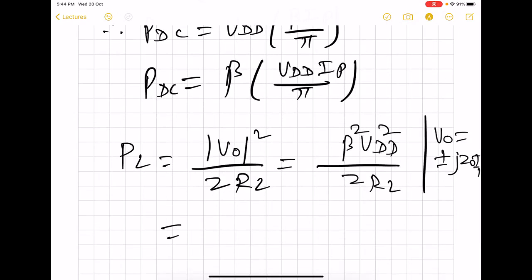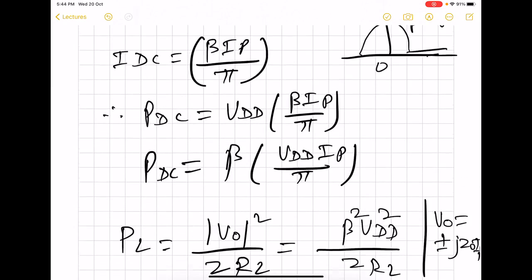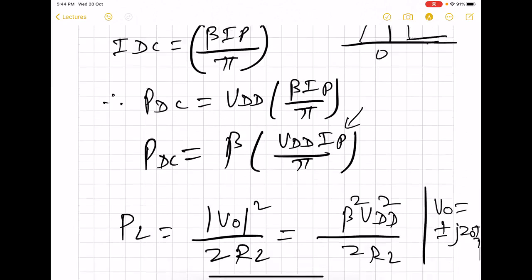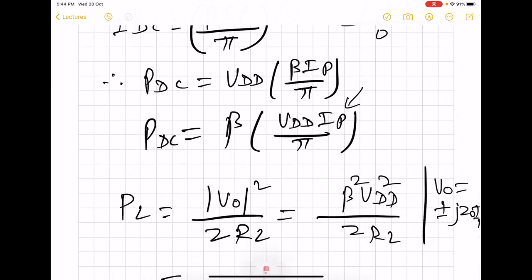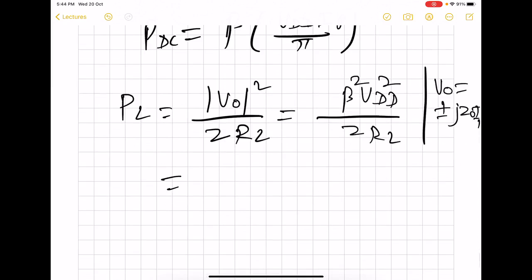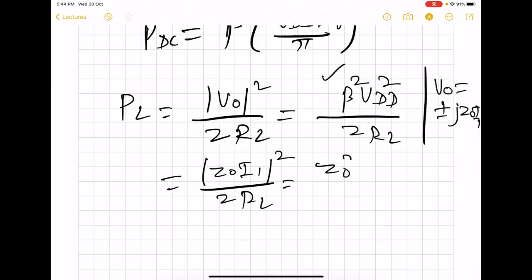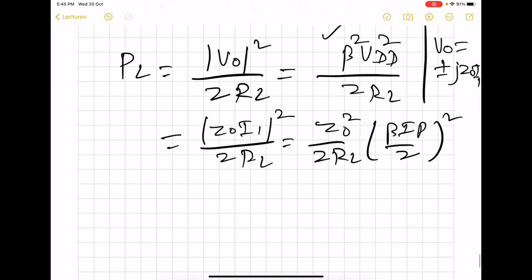So we want to write it in terms of IP also, so that this IP appearing here can then be cancelled out. So it can be written either in terms of VDD or I1, and ultimately in terms of IP also. So these are the two ways in which it can be written. So we will be using this one.